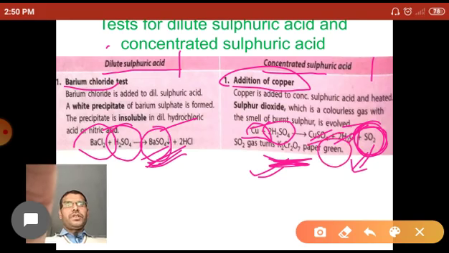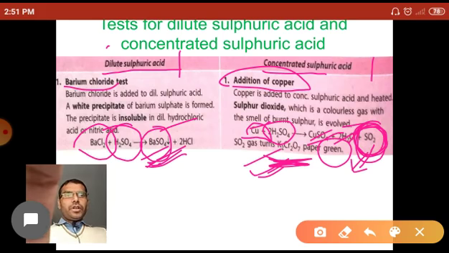It's proved that sulfur dioxide has passed through the orange potassium dichromate. So the production of SO2 can also be detected by using a solution of potassium dichromate.